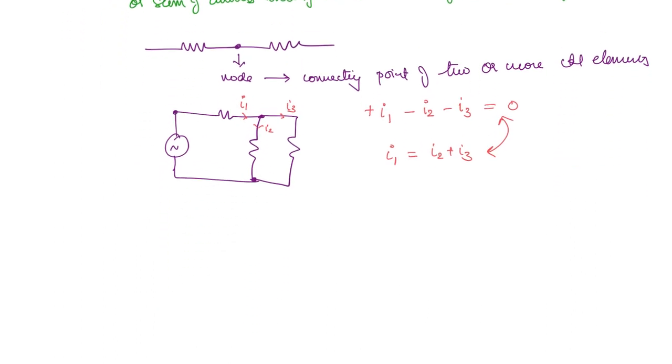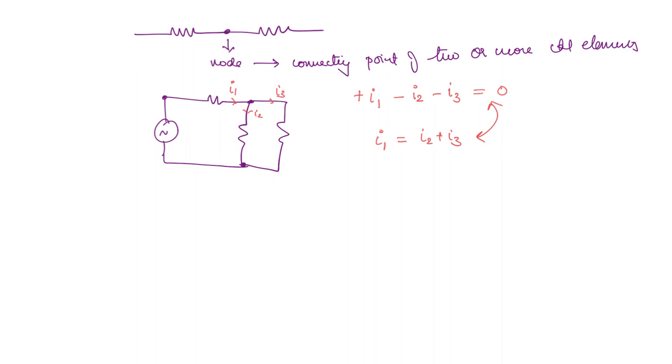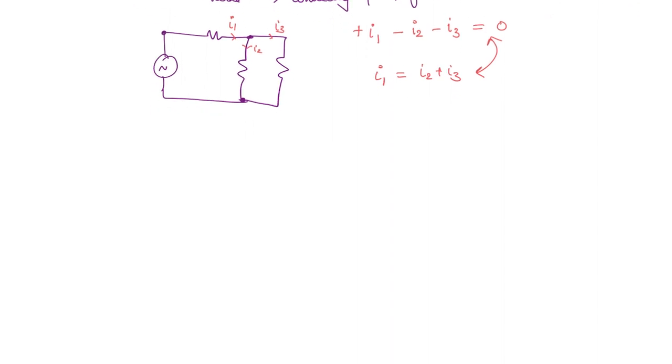One more important point in KCL is that you don't only have to take one node. You can take an entire region. For example, we'll take another circuit. Let us say there is a resistance, a voltage source, some circuit element, another current source, and another resistance.